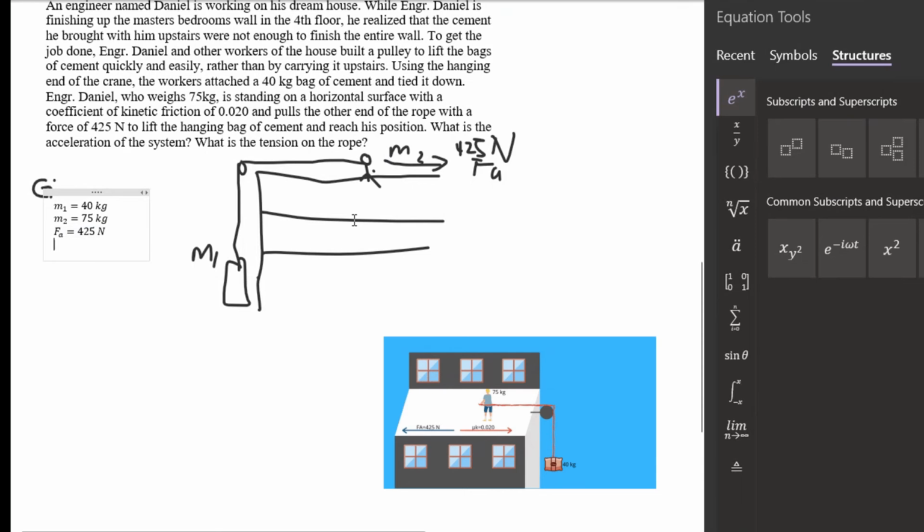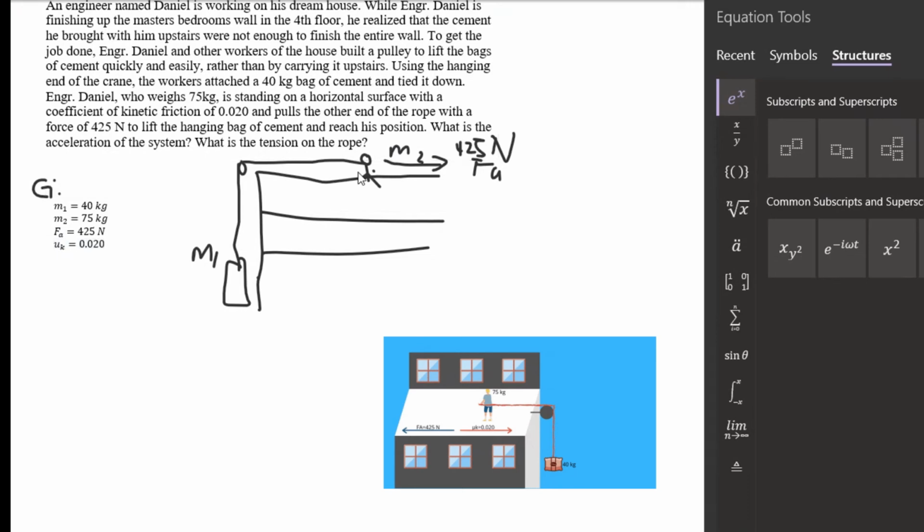The next given is the kinetic friction, which is 0.020. Let's take note of that.